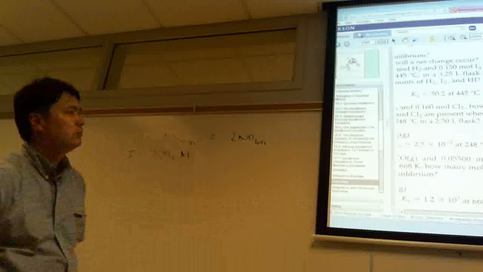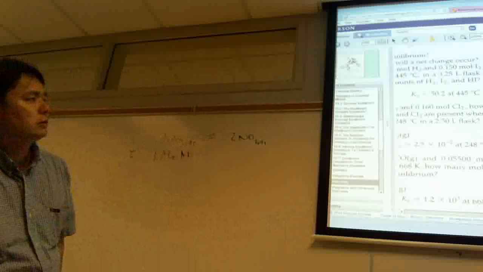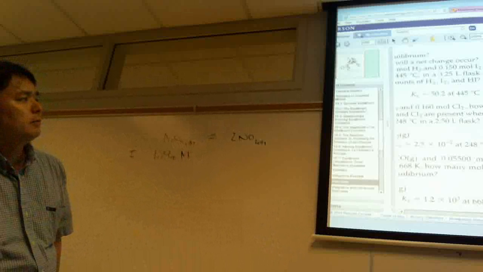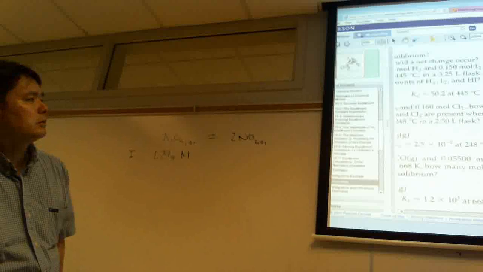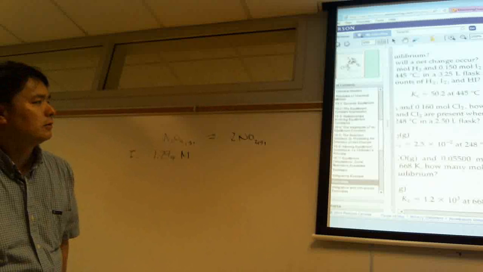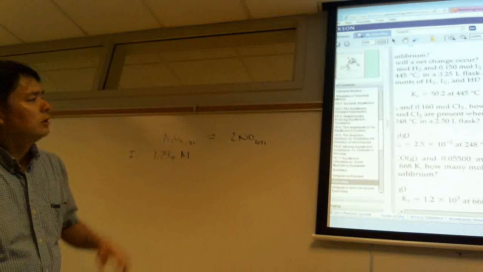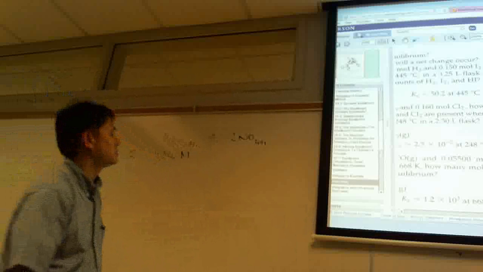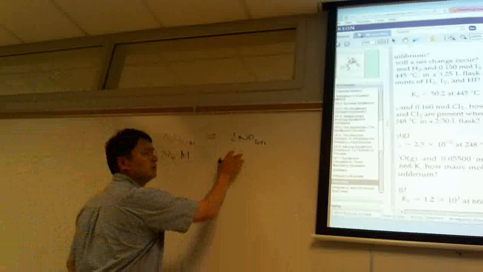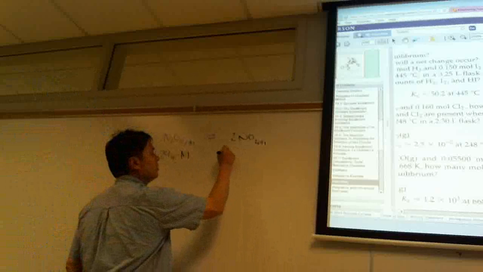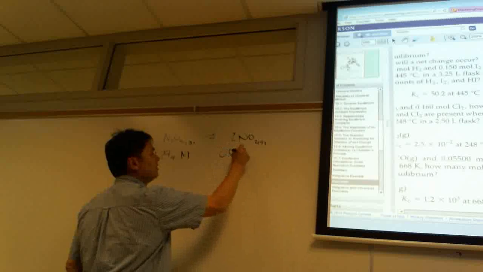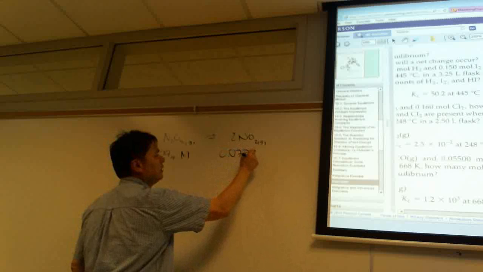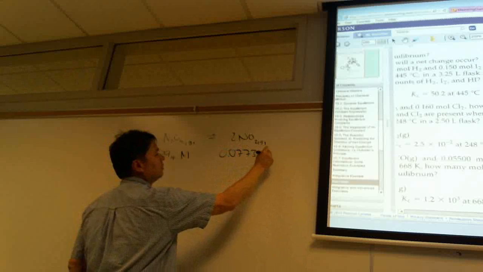And what's the NO2 concentration? It's going to be, oops, did I do that right? Sorry. No, that's right. The NO2 will be 0.058 divided by 0.75. What does that come out to? 0.07733 molar.